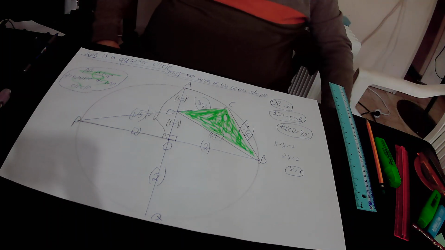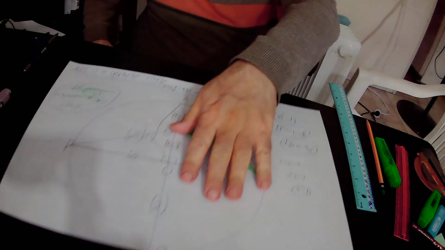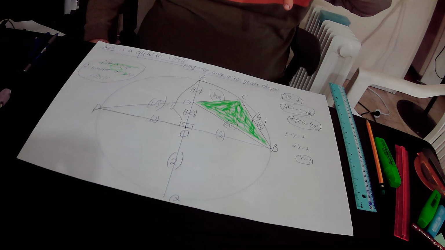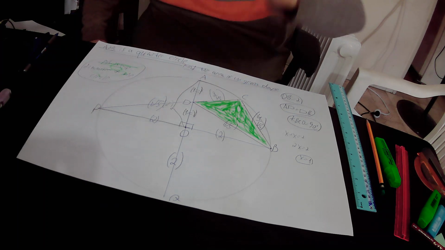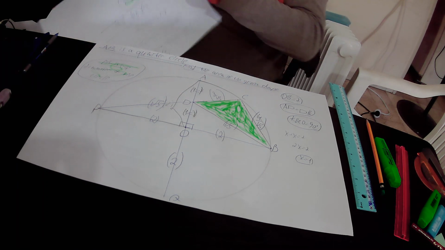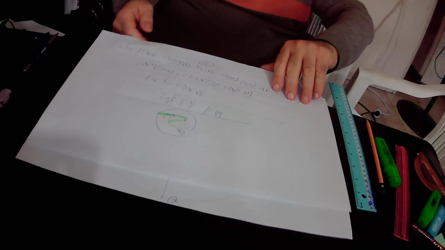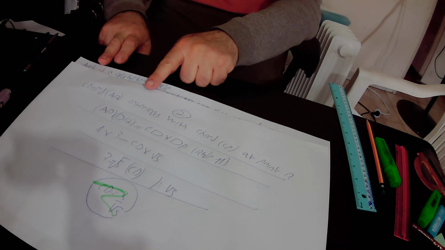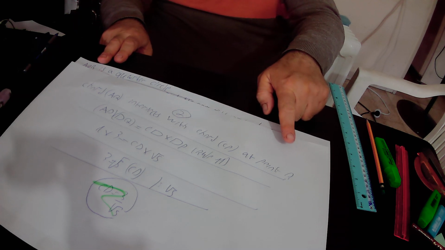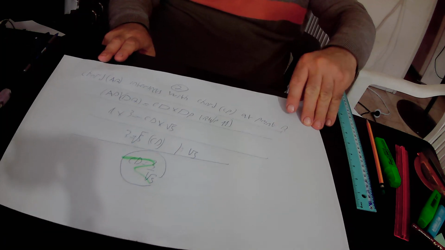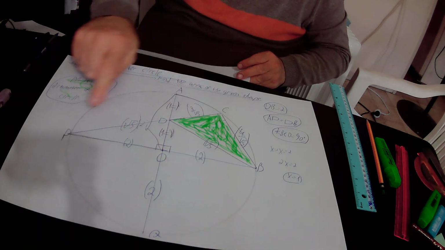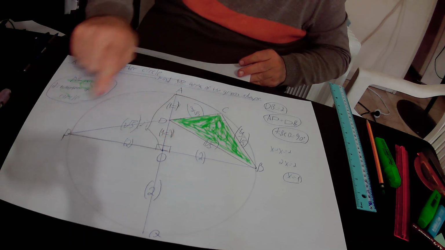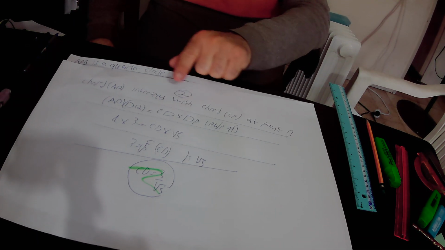Because in our drawing, we have chord AQ that intersects with chord CP at point D. Therefore, according to rule 2, the following equation will be true: AD times DQ equals CD times DP. Again, AD times DQ equals CD times DP.